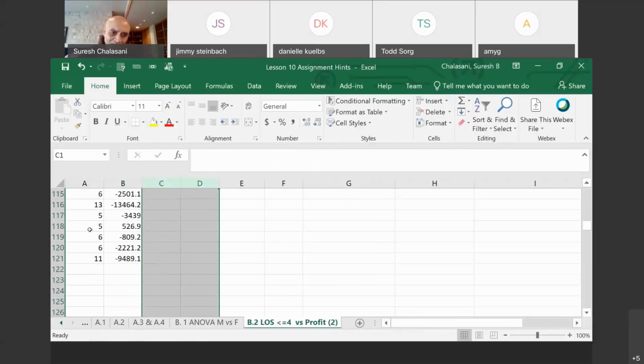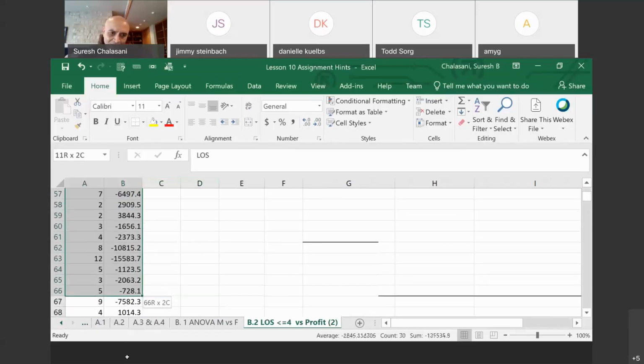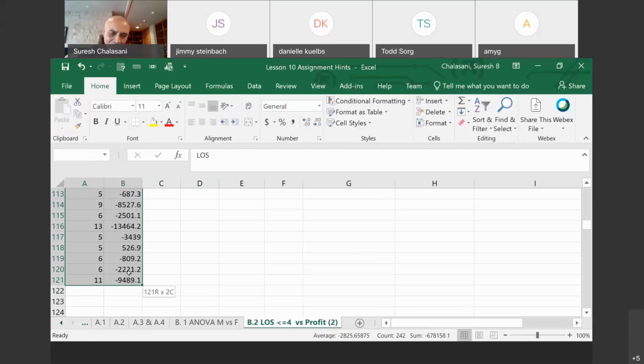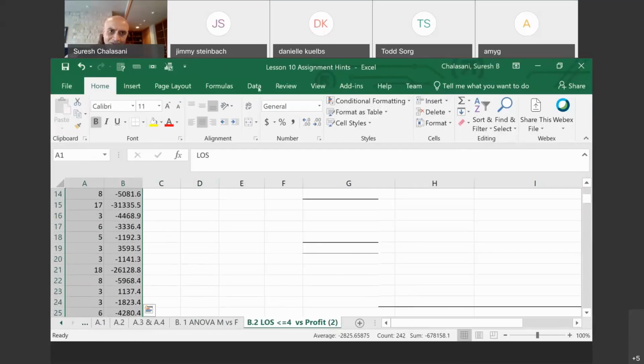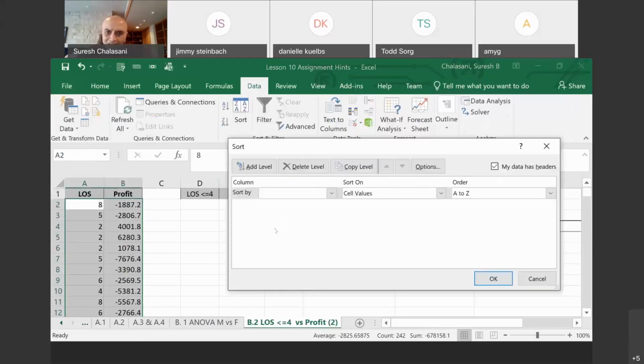And I have the first 120 rows like I mentioned before. Now I take this data and I can sort this based on LOS, smallest to largest, by going to data sort.